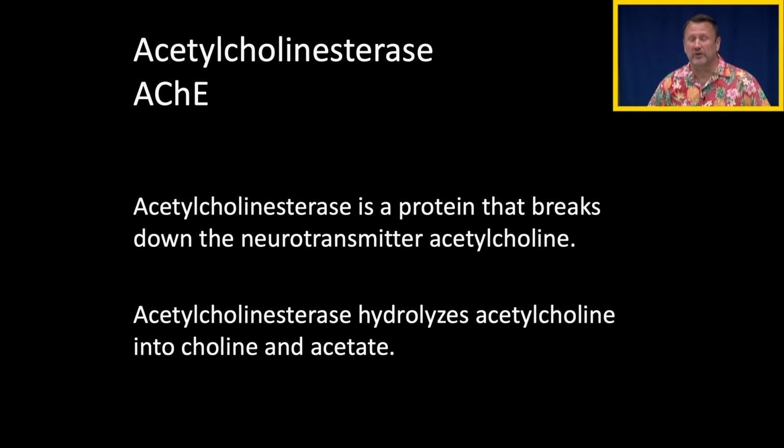Acetylcholinesterase hydrolyzes acetylcholine into choline and acetate. We won't call acetylcholine one of our amino acid-based neurotransmitters, but it is still very close, and it's still broken in half with hydrolysis, just like any peptide bond.